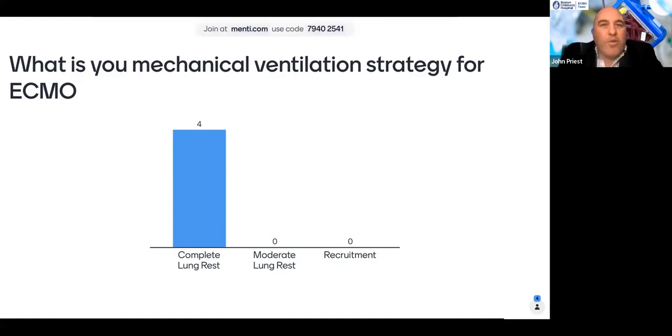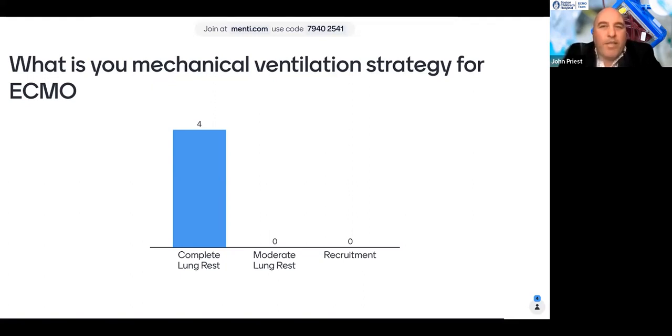VA, you get a little more cardiopulmonary bypass, and you're probably going to be choosing a complete lung rest strategy. But if you are more of a VV center, you're probably using a moderate lung rest strategy, because when you go on VV ECMO, you really have to be cognizant of decreasing your mean airway pressure, because you don't necessarily want to de-recruit the lung.